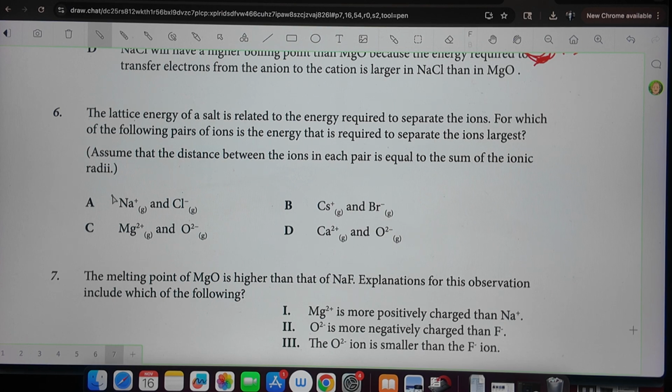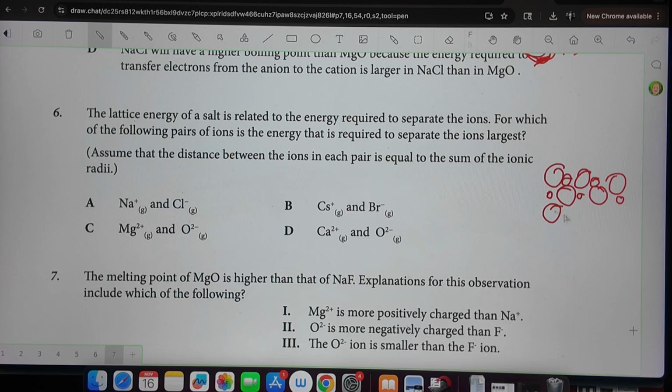Okay, so the next question asks us, the lattice energy of a salt is related to the energy required to separate the ions. That makes sense. If you look up here earlier in the chapter, they show you this lattice, which is almost like a big Rubik's Cube. The stronger this energy is, the harder it is to break these ions up.